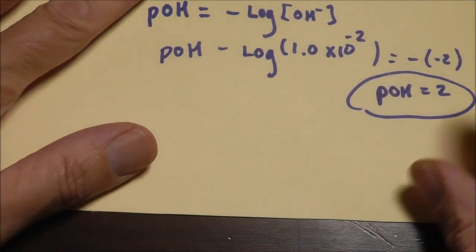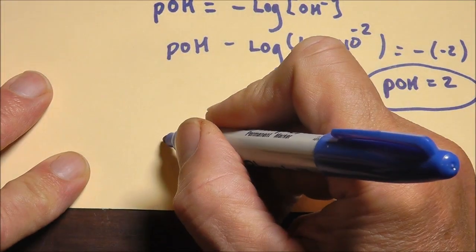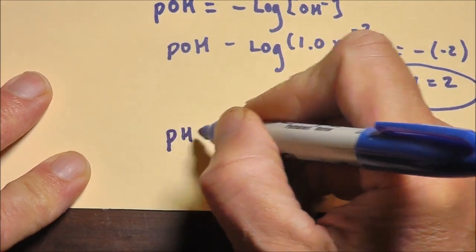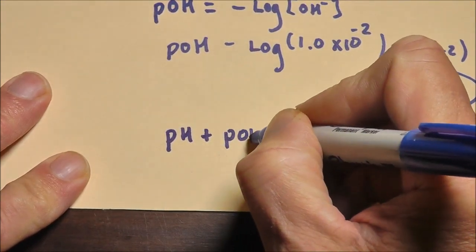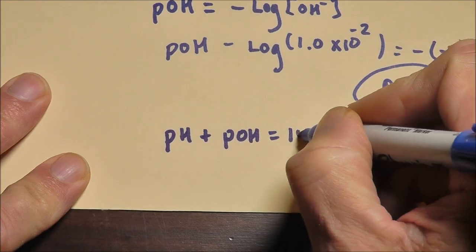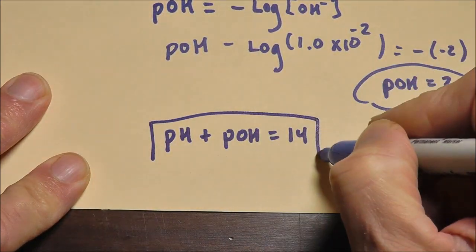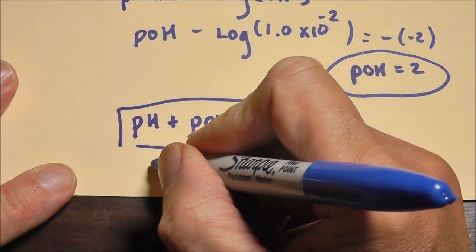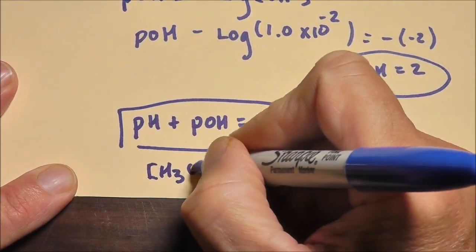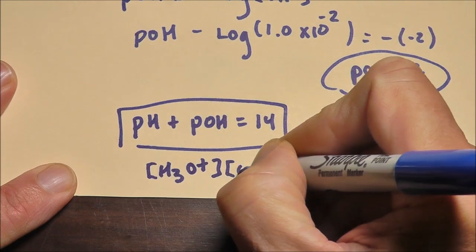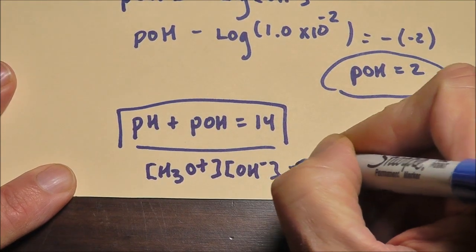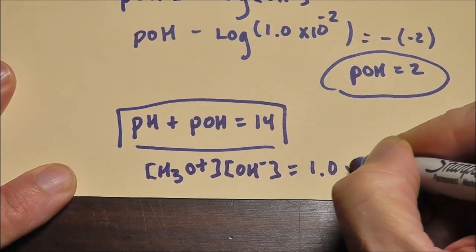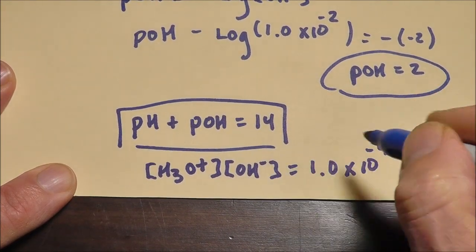And here's the thing. We're going to work on this more next time. pH plus pOH equals 14. Where did I get that from? It's basically a restatement of H3O+ times OH- equals 1 times 10 to the minus 14. It's saying the same thing.